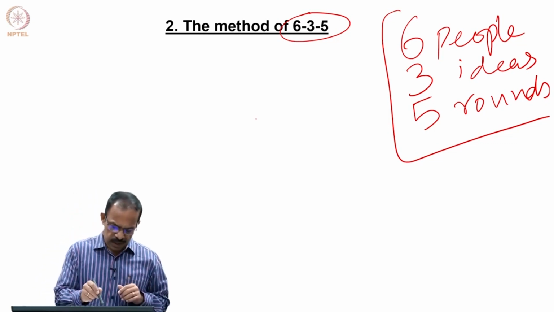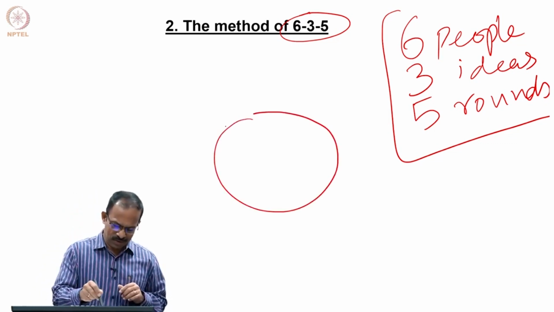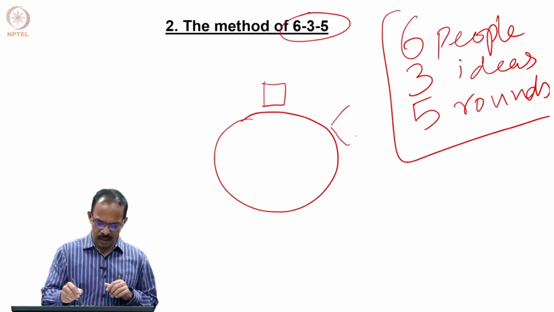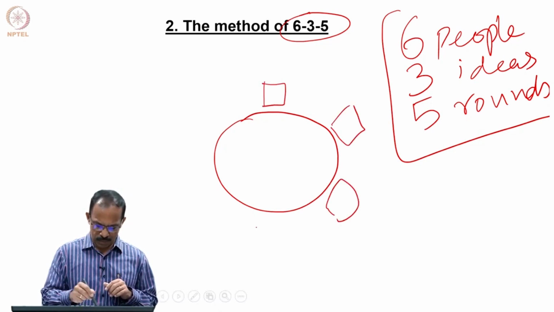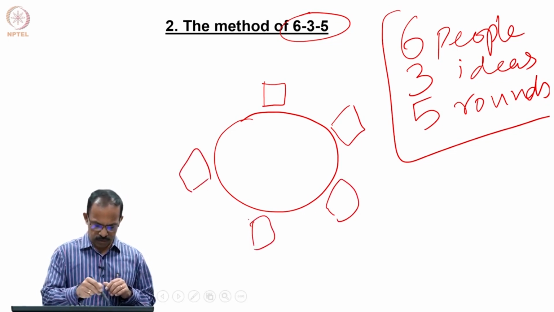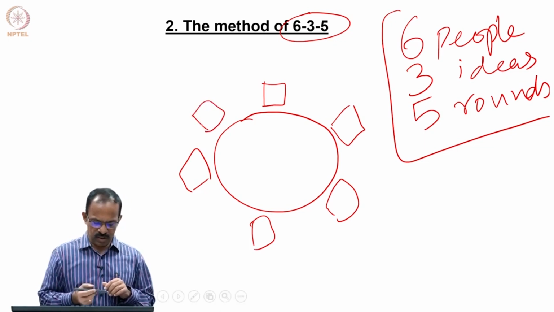So, how does it work? You have a round table and 6 people will be sitting around the table. 1, 2, 3, 4, 5, okay, one more person. Okay, 6 people.